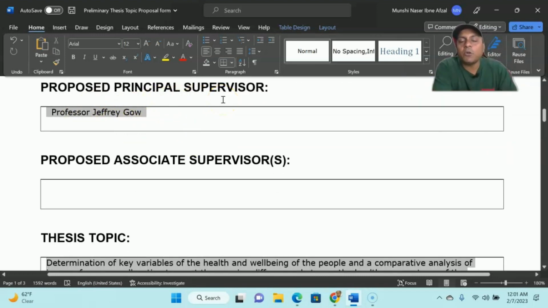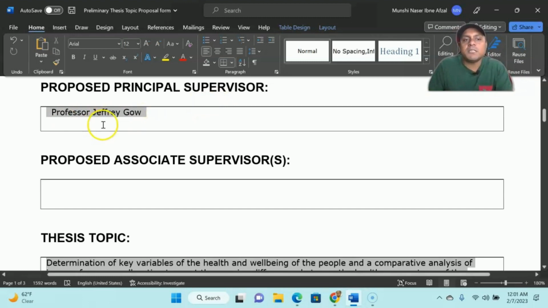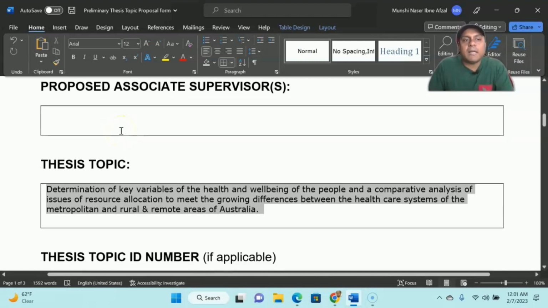This follows for Malaysian universities, for UK, for Australia, for New Zealand, all those universities which follow the UK system, I mean the research based system, it follows the same way. So the proposed principal supervisor, here you put Professor Jeffrey Gao, the name of the supervisor. If you want to add a proposed associate supervisor, you can add it.